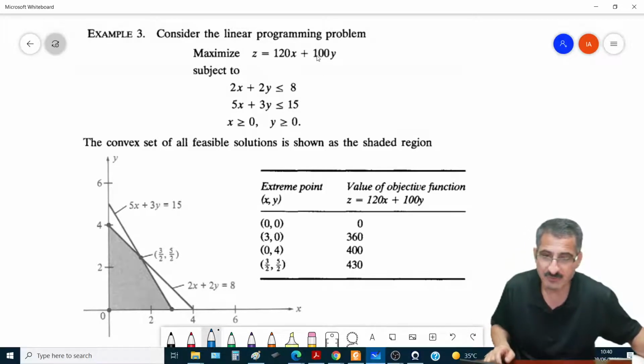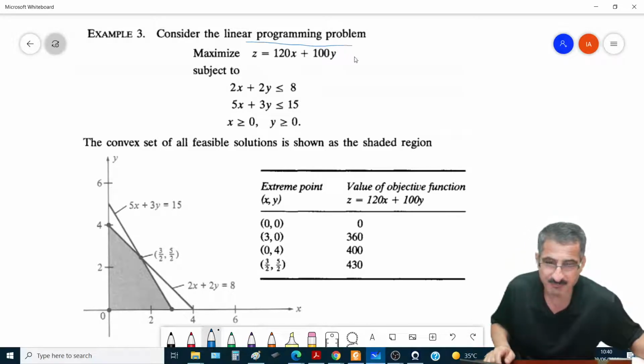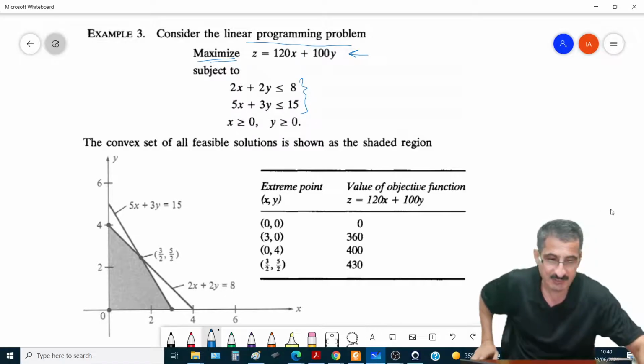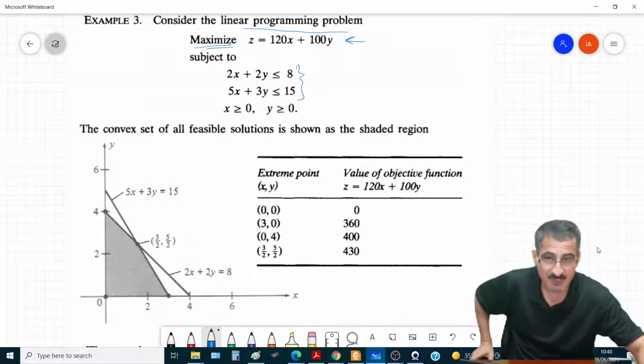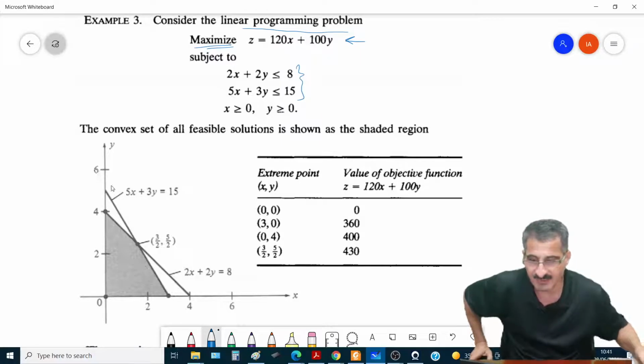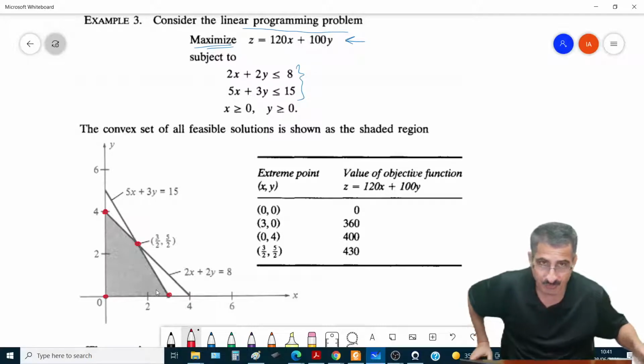Okay, so we have the linear programming problem. This is the objective function we want to maximize under these two constraints, and we can graph these constraints and take the set of solutions, the convex set, and then easily we will find that it has 4 extreme points.